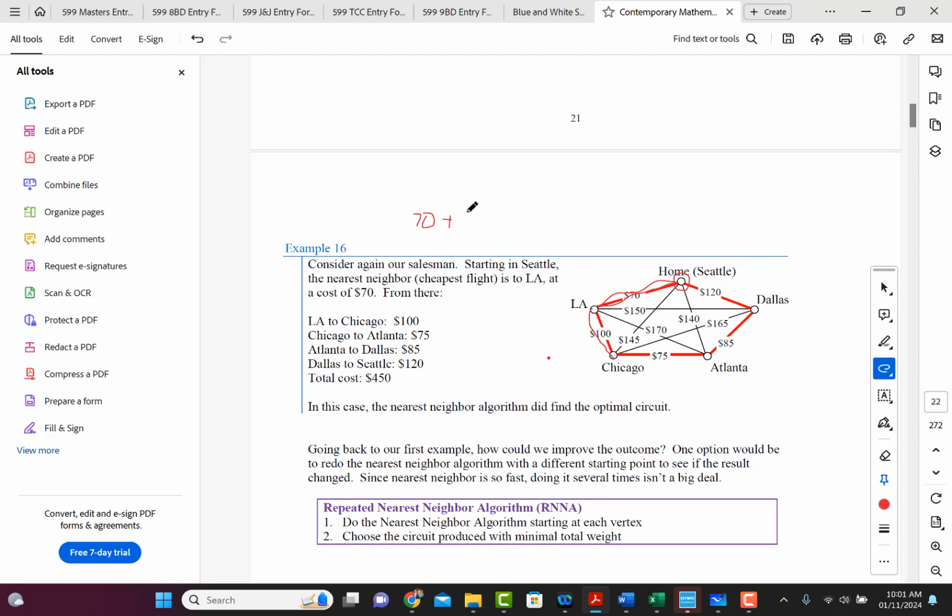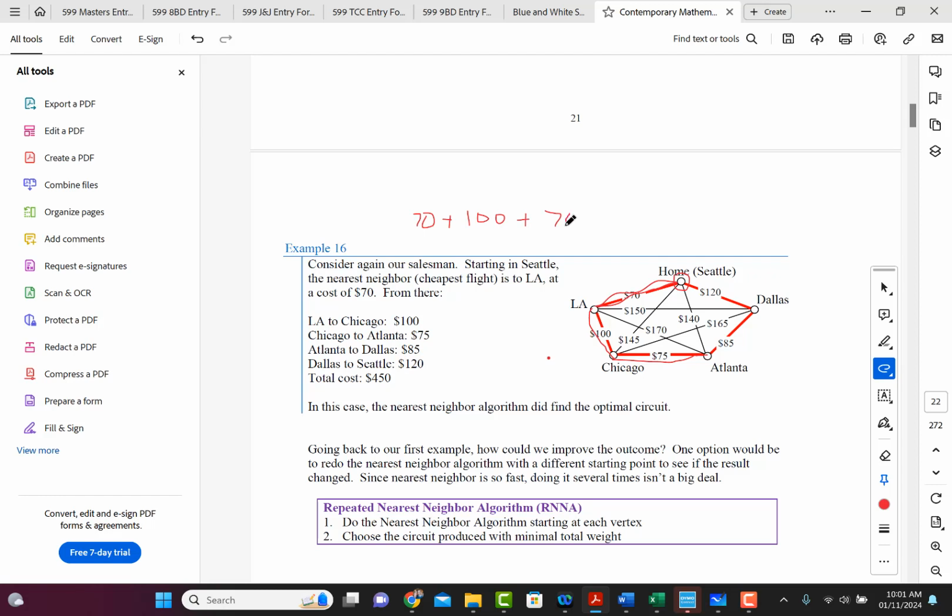So that's going to add $100 to our total cost. And then from there, we're going to find out what the cheapest route is. Obviously, we're not going to go back to Seattle, but we could go to Dallas or we could go to Atlanta from Chicago. And so the cheapest route is going to be to then head to Atlanta for $75.